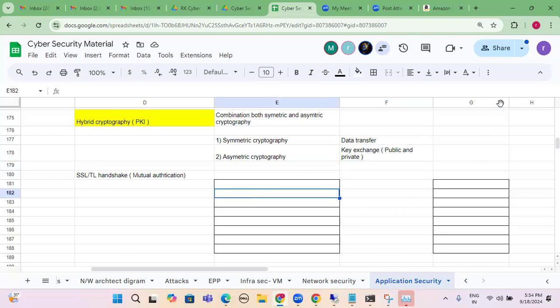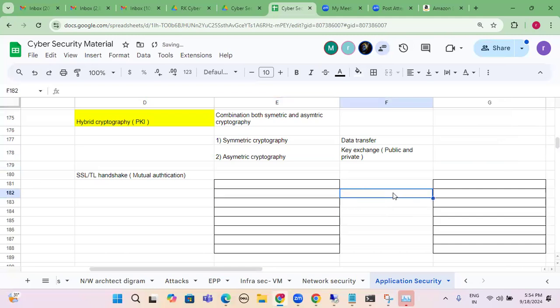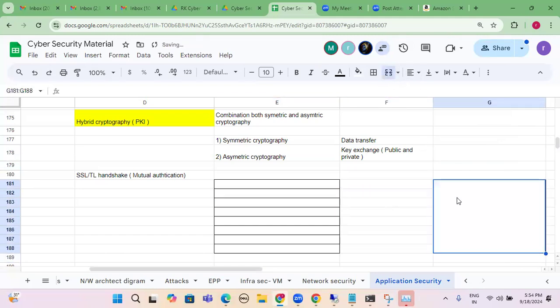So now we can discuss the same thing, whatever we discussed about Amazon. Take this as an example of the Amazon server. This is the front end, my web browser.